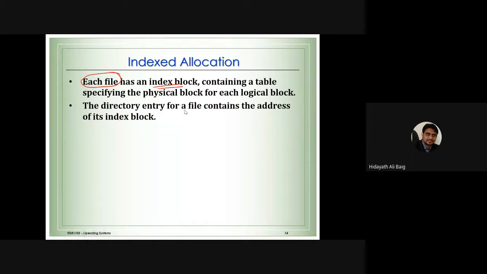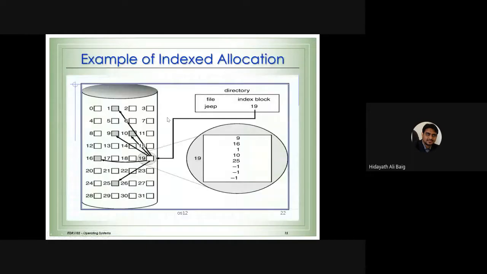Now let's check the example. At this point we'll see the picture. If you see this, what will be the information in the directory? The name of the file, not the starting block, not how many blocks we have, as in the file allocation table example. What will be in the directory? The block number of the index block. Now this is block number 19. Block number 19 is the index block.